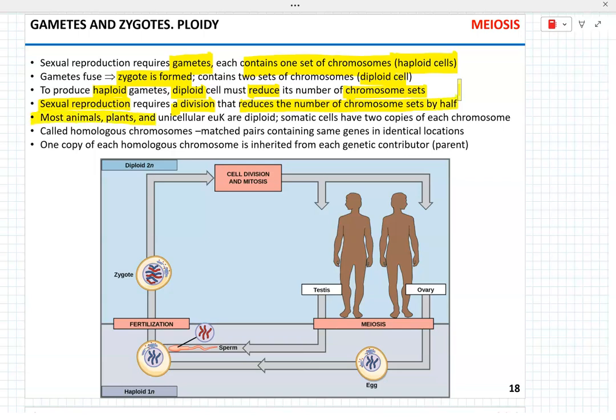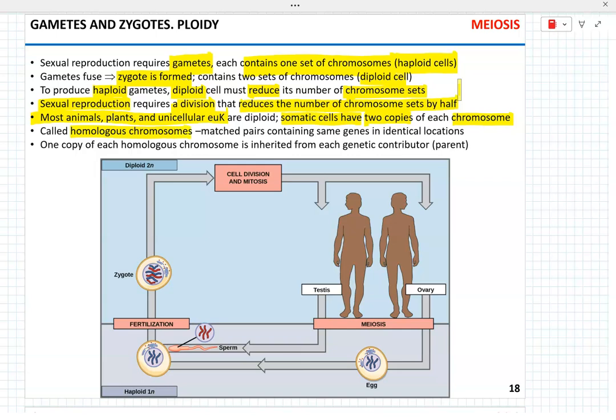Most animals, plants, and unicellular eukaryotes are diploid, meaning that the somatic cells in those organisms have 2 copies of each chromosome. These are called homologous chromosomes.